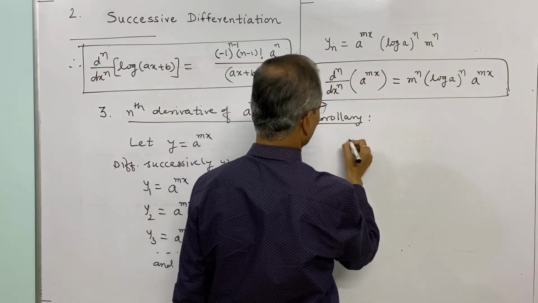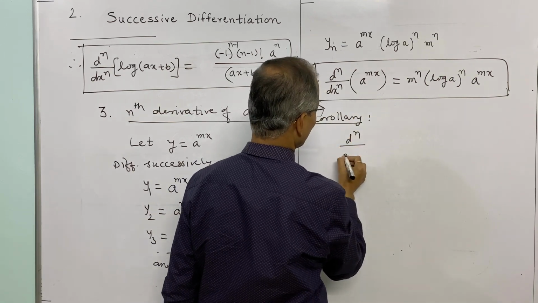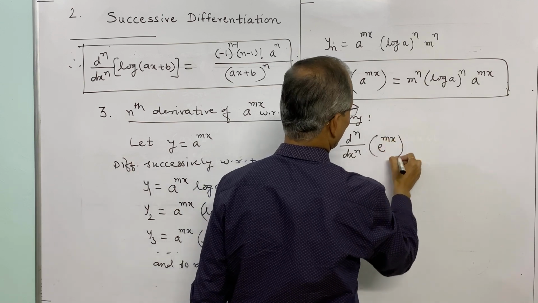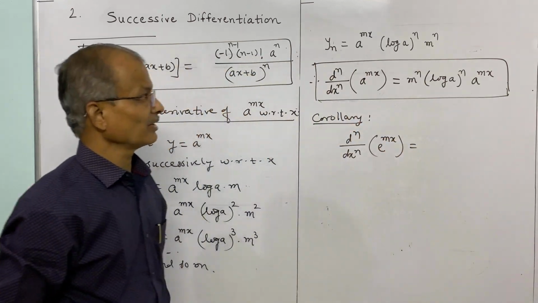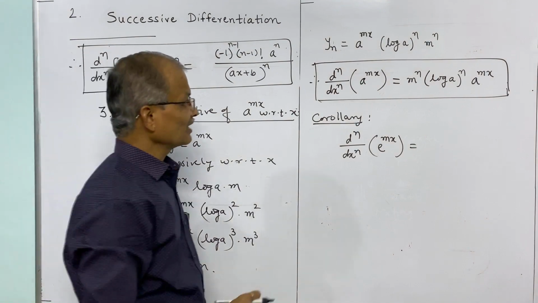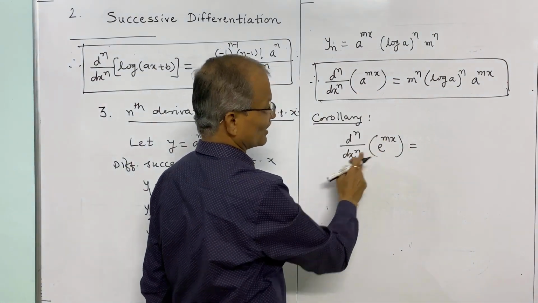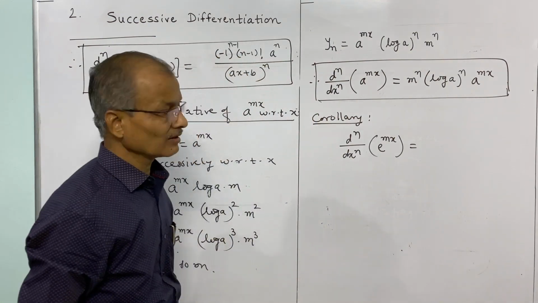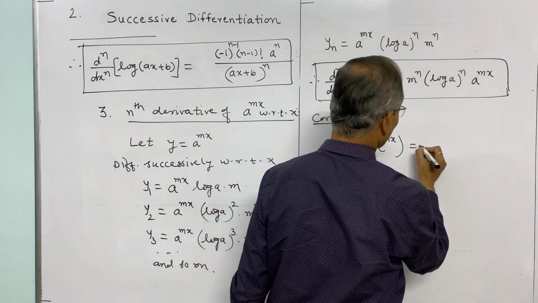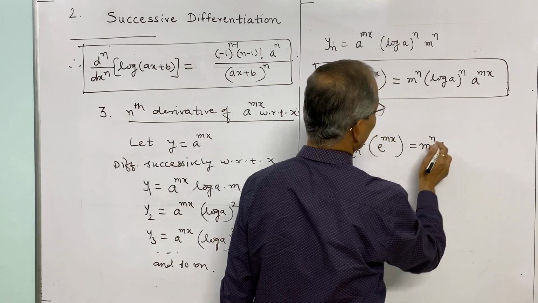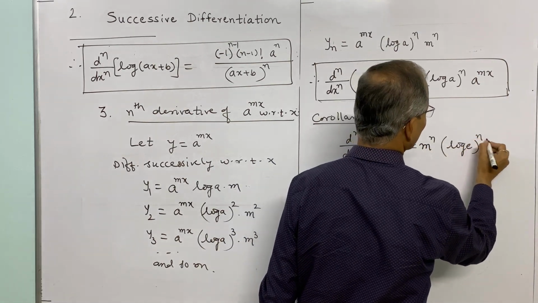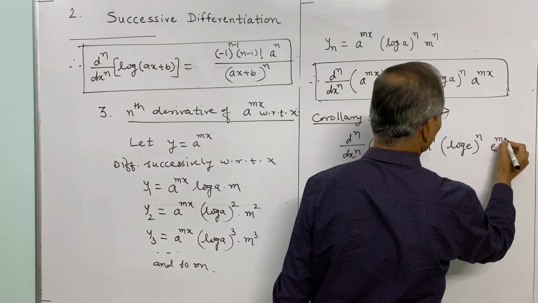and we can write a corollary to this formula. See, the nth derivative of e to the power mx. What will be the nth derivative of e to the power mx? By the same formula, in place of a here is e, and therefore we have to write e in place of a, and m to the power n remains the same, m to the power n log e to the power n and e to the power mx.